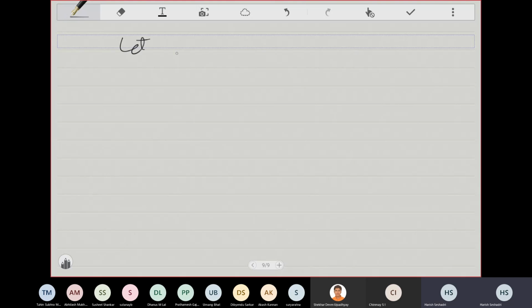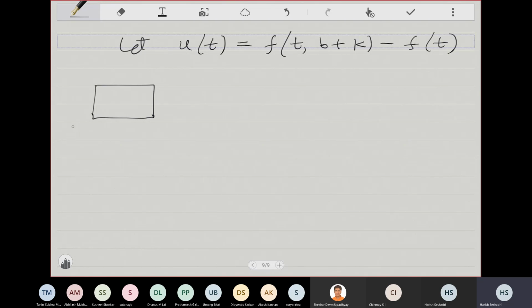So now I'm going to define, basically it's the mean value theorem applied a few times, 2 times. Let's look at u(t) equals f(t, b plus k) minus f(t, b). That's why that rectangle picture is slightly useful. So what is this u(t)?